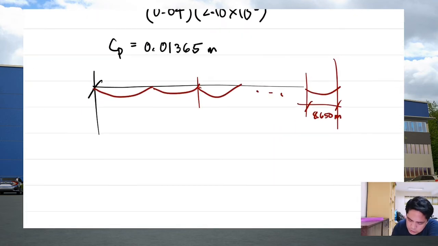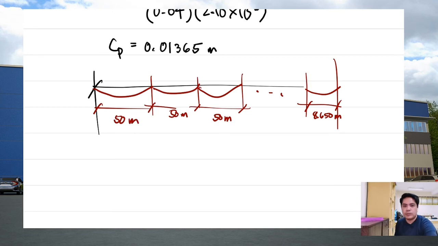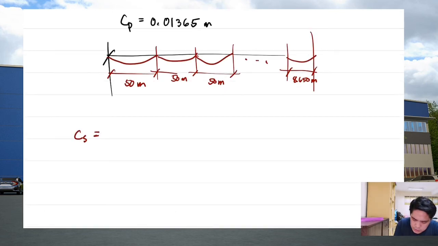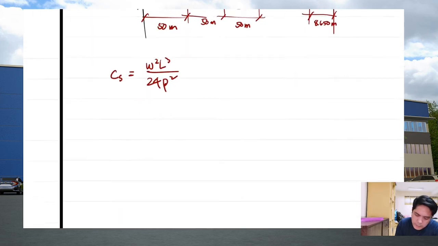Then, eto, syempre, whole tape length to. So, this is 50 meters, this is 50 meters, and this is 50 meters. Okay? So, CS is omega squared L cubed over 24 P squared. Okay?